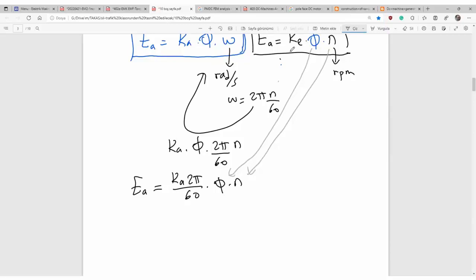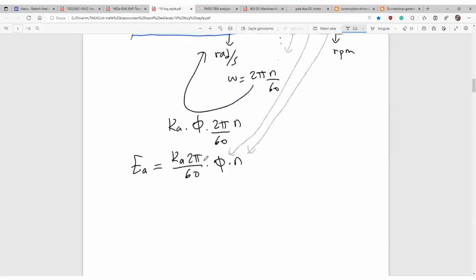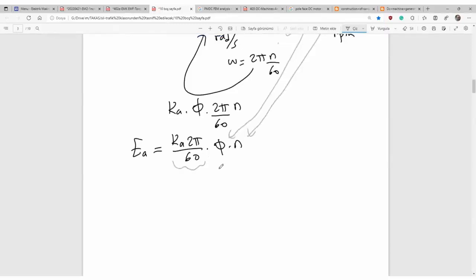So the EMF coefficient is this. The EMF coefficient in Russian or European German texts is equal to 2 pi over 60 times the armature coefficient given in American books. I prefer this guy, Ka.